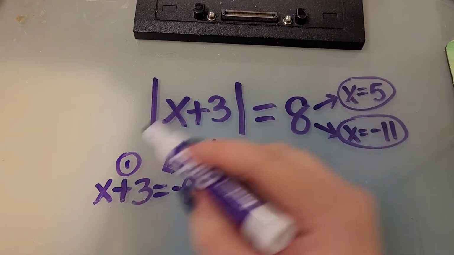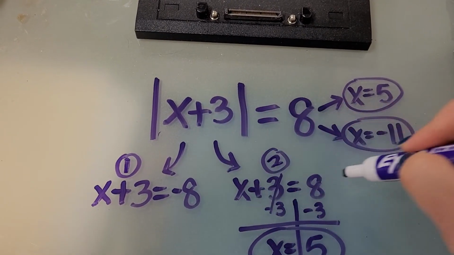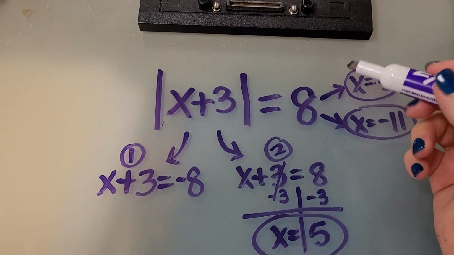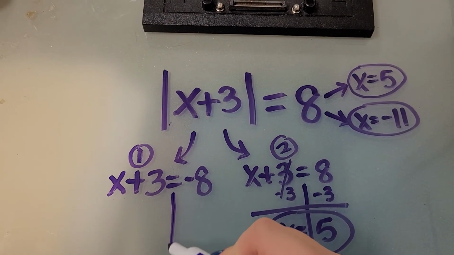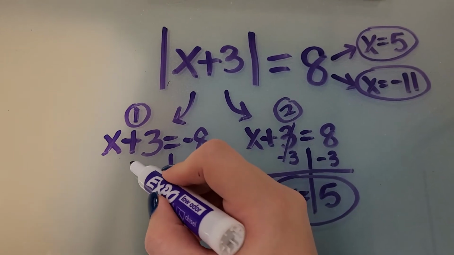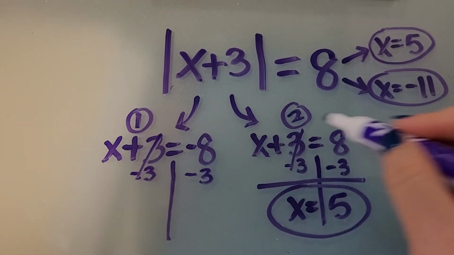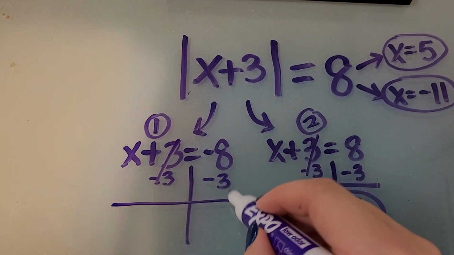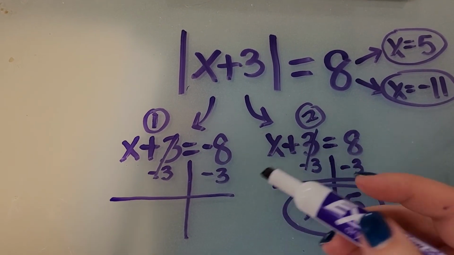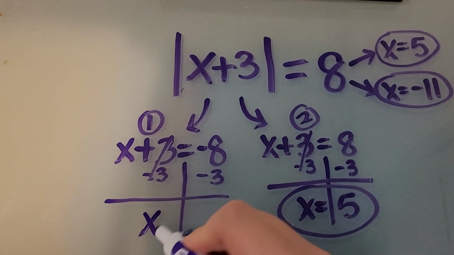That is always going to be our strategy for absolute value equations: we're going to have to make a negative and a positive. So then if I solved this one using my algebra rules for solving an equation, I would undo adding 3 by subtracting 3, just like I already did. But then when I do -8 minus 3, or -8 plus -3, I get -11.